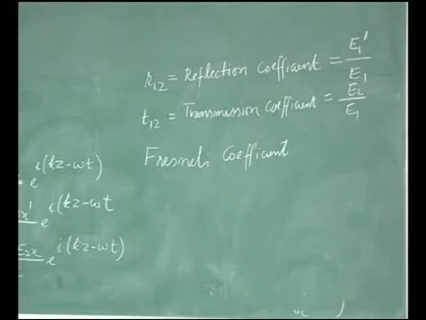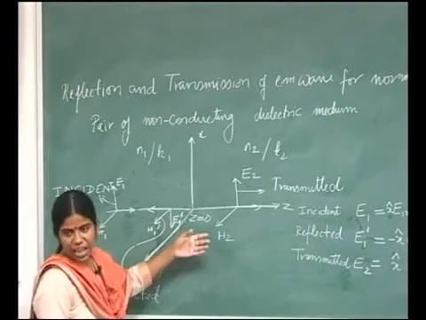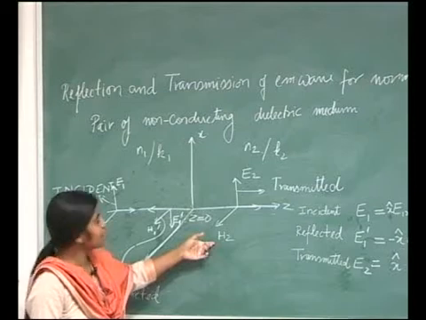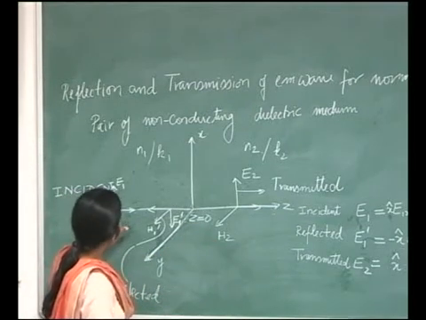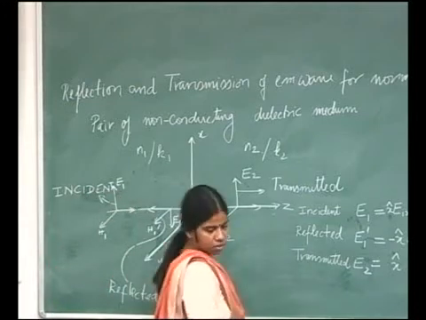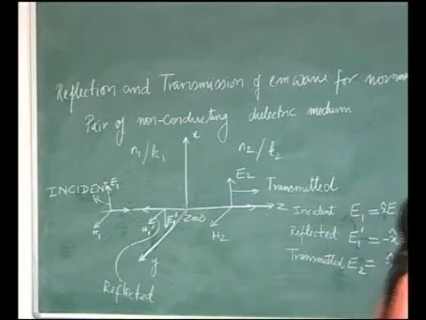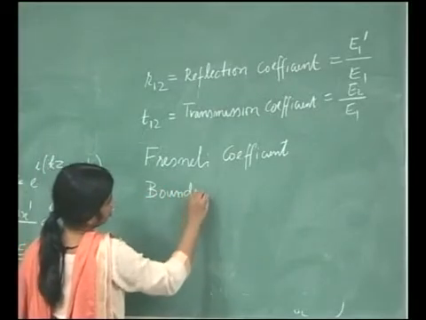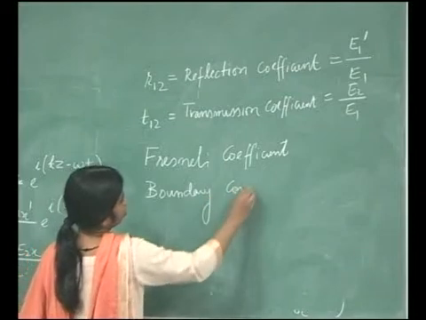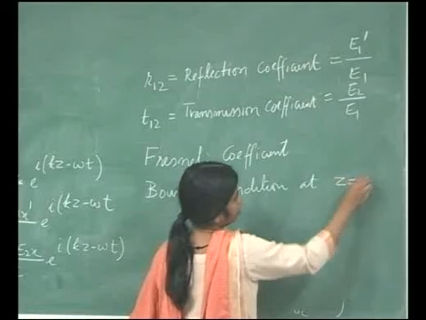Now at the interface, the boundary condition should be satisfied. Okay. And by looking at this picture, I can have the boundary conditions at z is equal to 0.